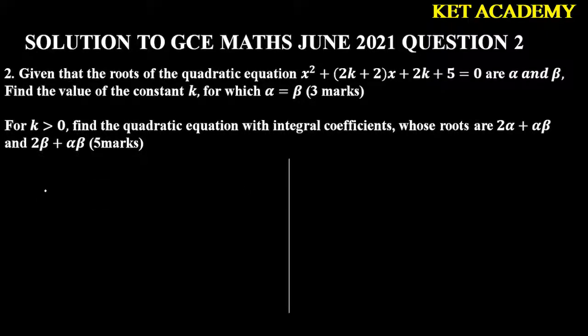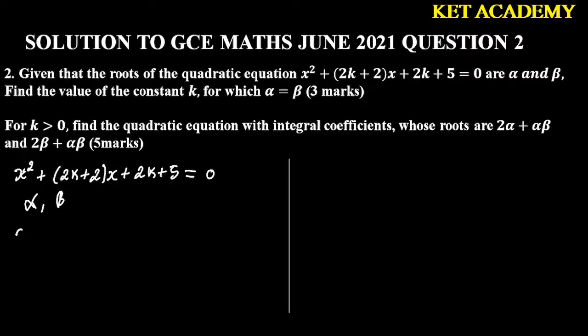Now we have been given our quadratic equation, and it is said here that alpha and beta are the roots of this equation. We compare this with ax squared plus bx plus c equal to 0. This is the general equation of a quadratic equation.